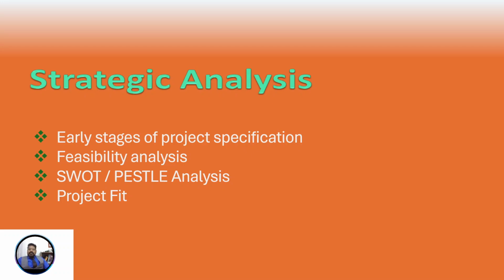Feasibility studies: financial, technical, environmental. SWOT is strength, weakness, opportunities, and threats. PESTEL is also a kind of feasibility analysis wherein P stands for political, E stands for economical, S for social, T for technical, L for legal, and E for environmental.